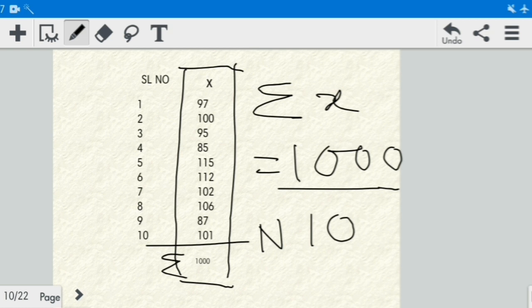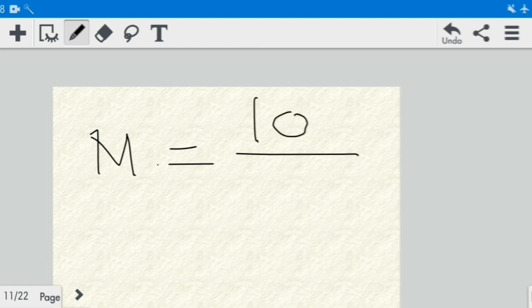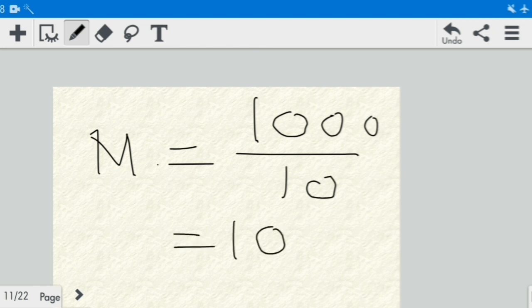Okay. Mean is equal to 1000 by 10, equal to 100 cm or centimeter.